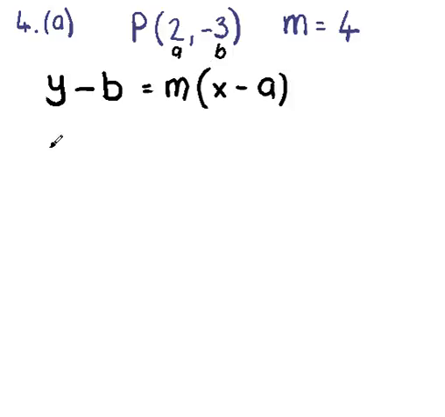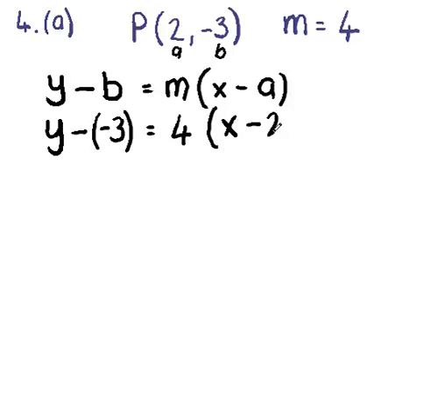So substituting in our values for b, m and a, we get y minus b, so it's y minus 3, equals m, the gradient, which is 4, bracket x minus a, which is minus 2.